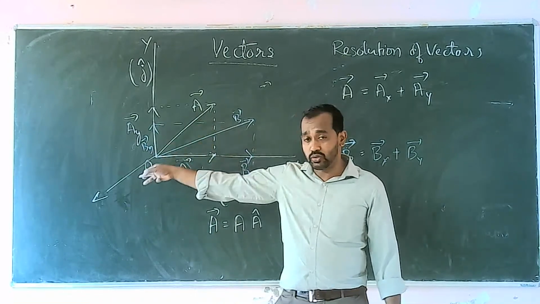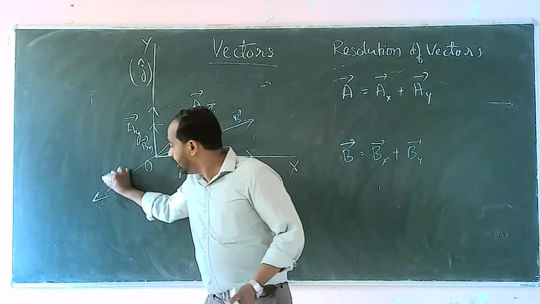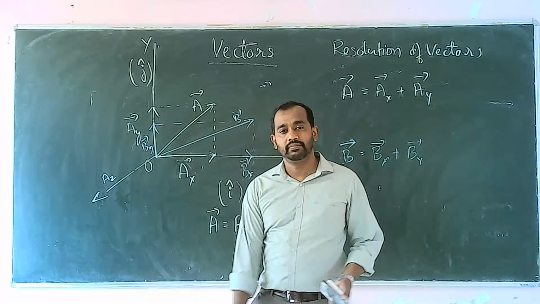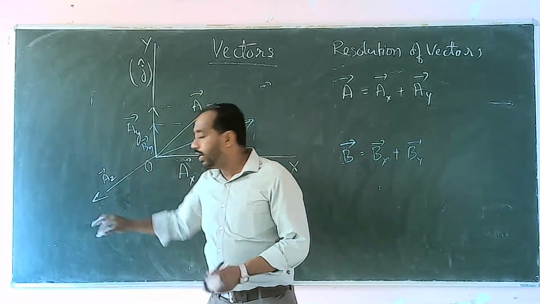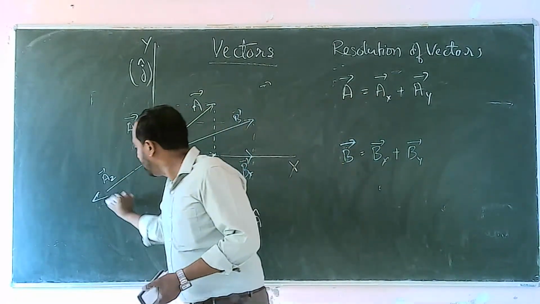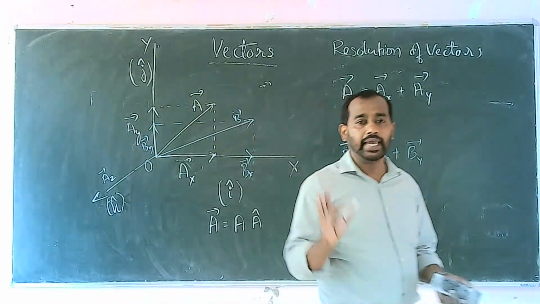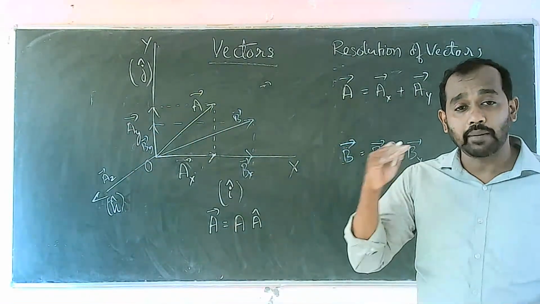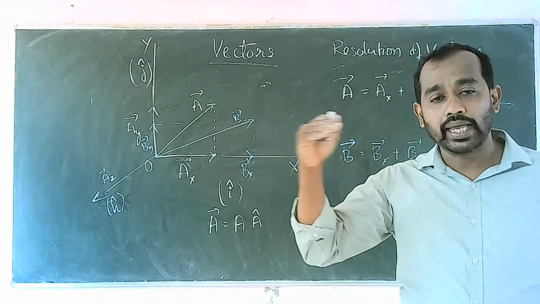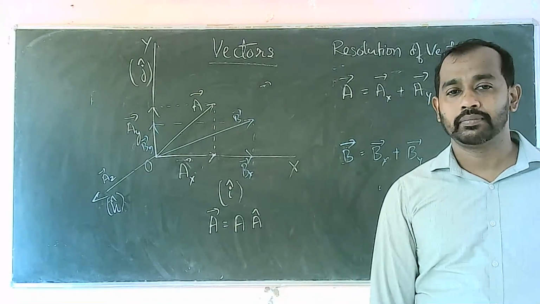If this also has a component along the z-axis, then it will be represented as vector Az. And what is the unit vector representing its direction? It will be k cap. Okay, i cap, j cap, k cap. They are representing the x-axis, y-axis, and z-axis. This much is clear.